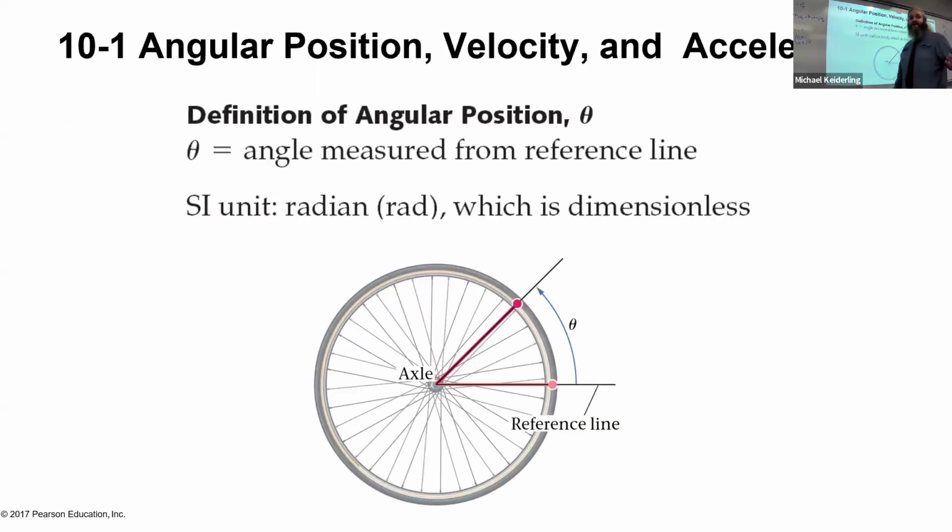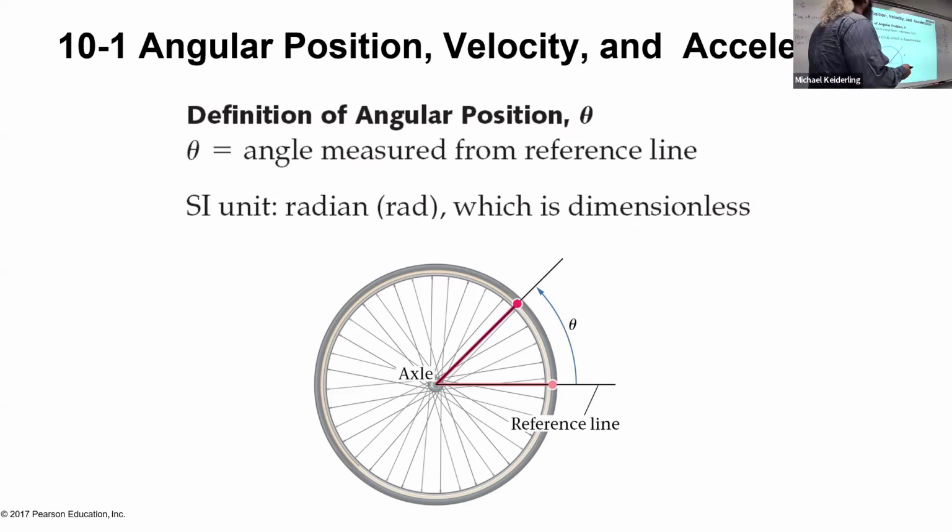So let's start by defining angular position. The angular position is defined as theta. It's an angle measured from a reference line. We usually use the x-axis as the reference line, but it's an arbitrary position.